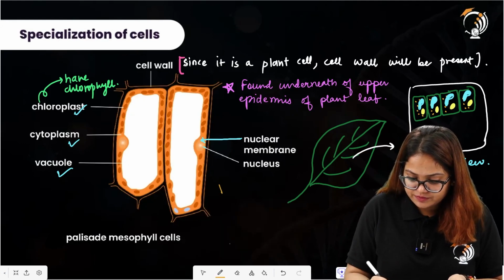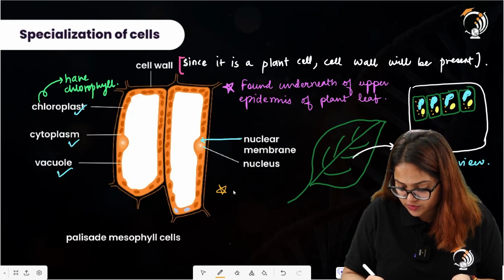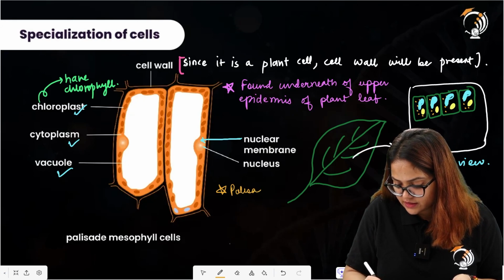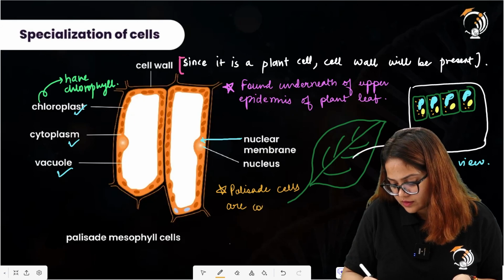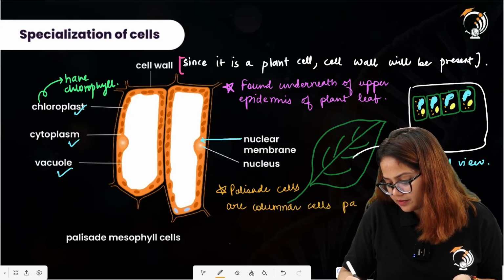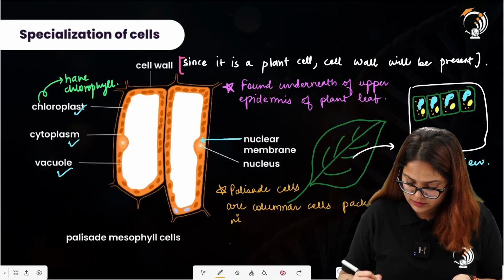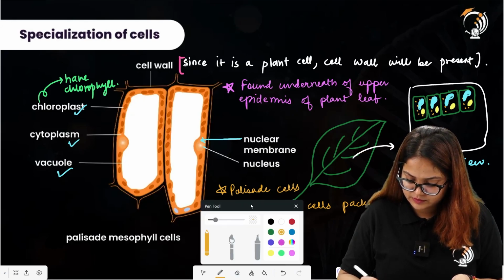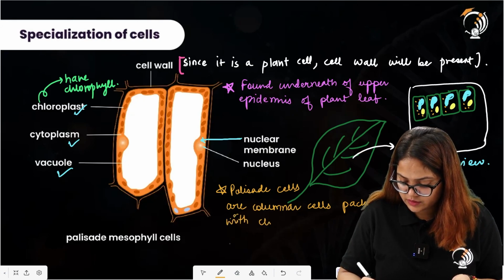Talking about this structure, they are columnar cells packed with chloroplasts. So palisade cells are columnar cells packed with chloroplast.